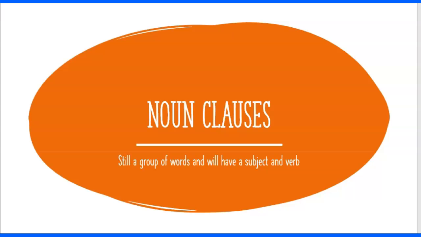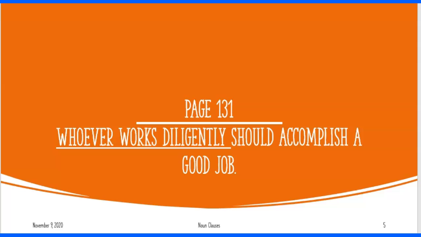So noun clauses are still a group of words that will have a subject and a verb in it. Let's take a look at page 131, at the bottom of that page, at one of the sentences they give us. The sentence is, whoever works diligently should accomplish a good job. Now, if you were in 3rd grade, we would be classifying that, so I would be asking you some questions. My first question would be, who should accomplish a good job?